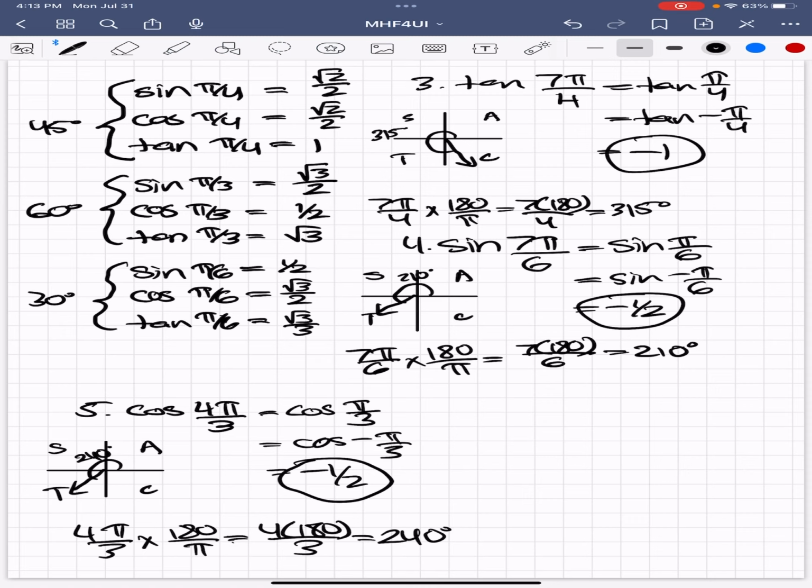Okay, so that's the last question there. We can move on to compound angle formula questions.